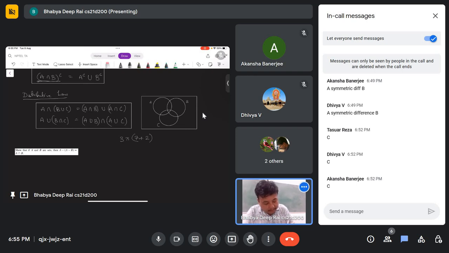It is the same as 3 times 9, which is 27. Or I can distribute 3 inside: 3 times 7 plus 3 times 2.